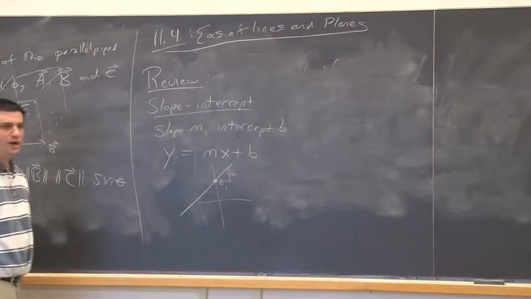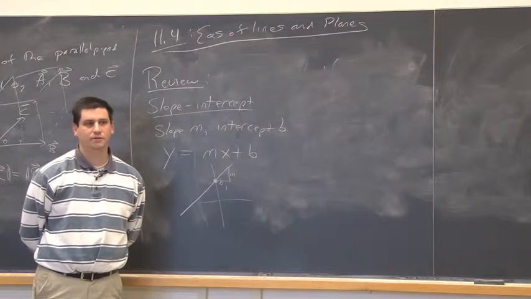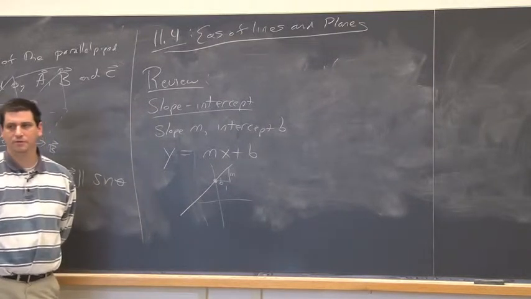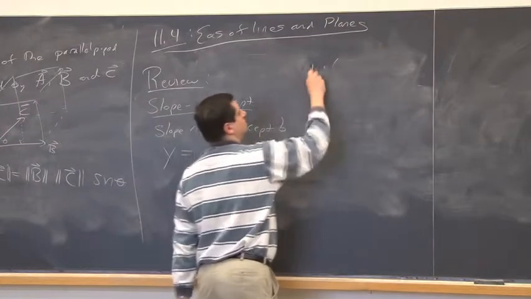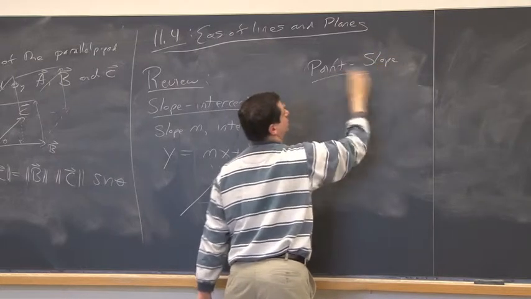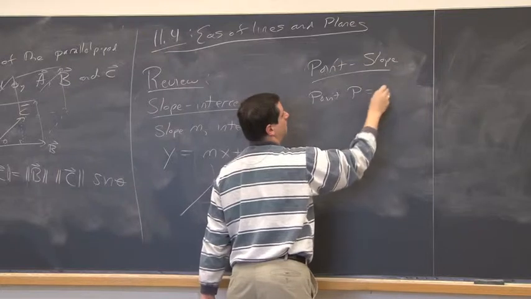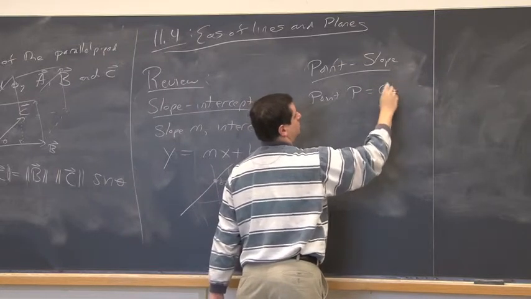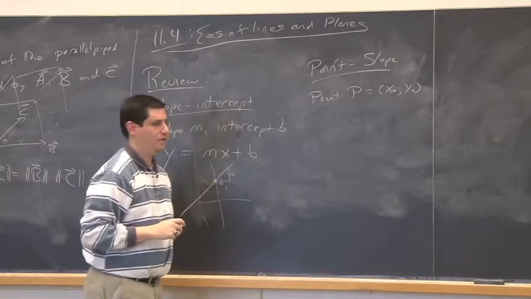What other ways do we have to get the equation of a line? Yes? Point-slope. My personal favorite. So I give you a point P, maybe you probably wrote it as x naught, y naught back in Algebra 1.